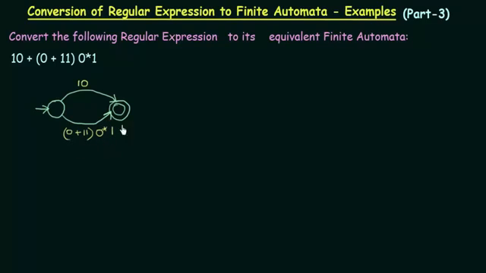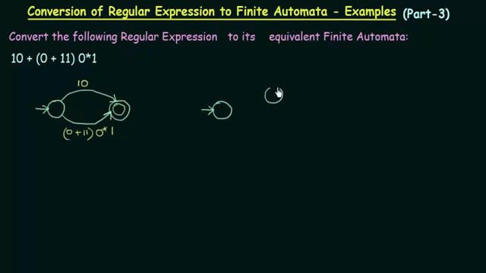Okay, so we have written like this, but we cannot just leave it like this because this is not a proper finite automata. We have to further expand this. So let us expand this part. I'll take this initial state that we created, and here we see that this is 1 0. There is no plus symbol between them. It is 1 followed by 0. When the symbols just follow each other, you have to make separate states for each symbol and make them proceed.